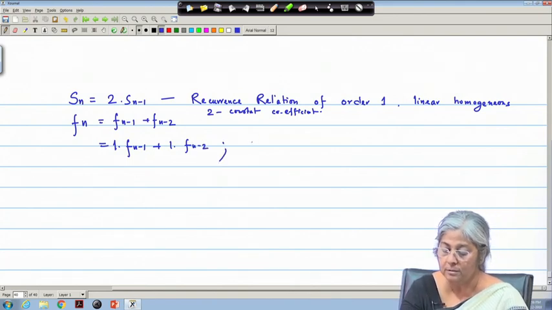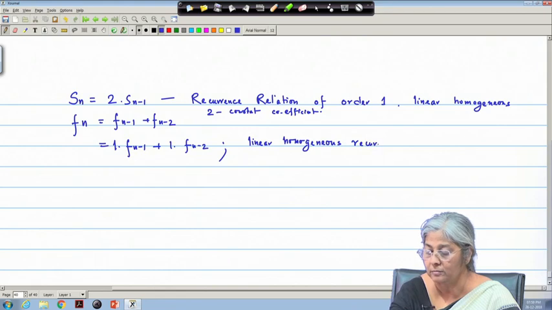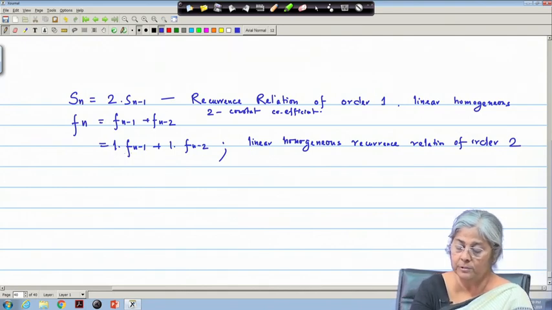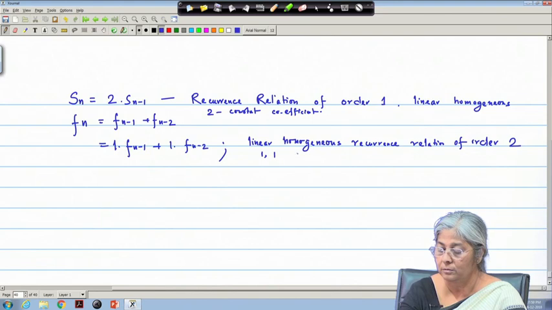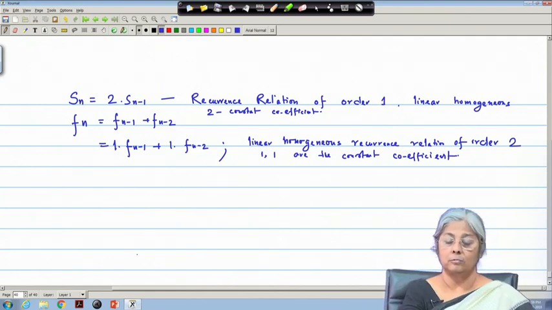So, here this is a linear homogeneous recurrence relation of order 2, and the constant coefficients are 1 and 1. It is linear since the power is 1.